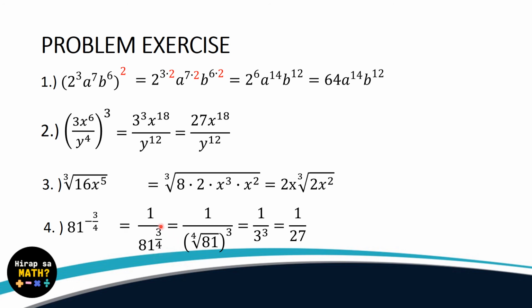So, ito, fraction, ang denominator is magiging index. And then, yung 3, siya yung power. So, 4th root of 81, all raised to the power of 3. Ang 4th root of 81, itong nasa loob ng parenthesis ay 3 raised to the power of 3. So, 1 over 3 cube is equals to 1 over 27 kasi ang 3 cube ay 27.